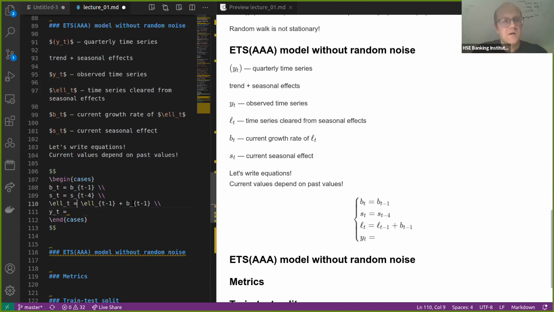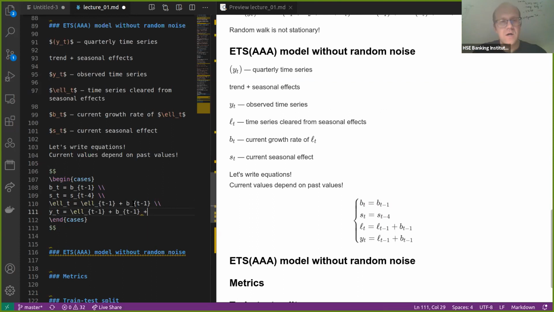And basically, I take LT, I add plus ST minus 4. Okay? The model is clear. It's a very simple model. Any questions about equations?